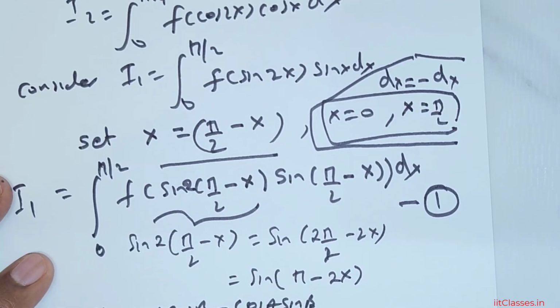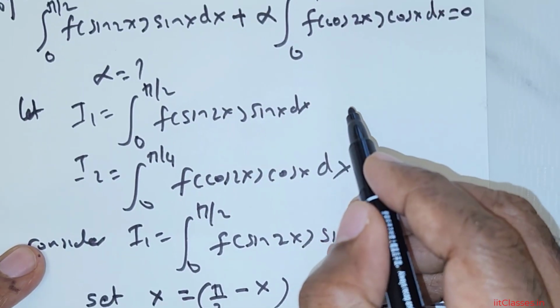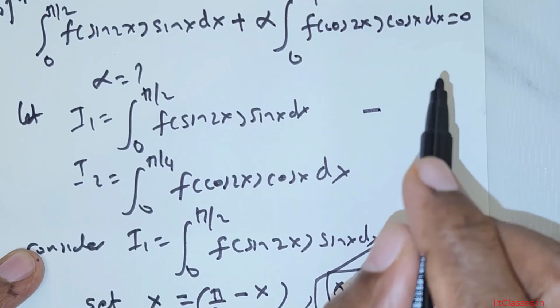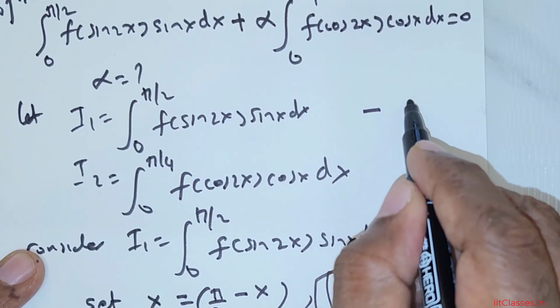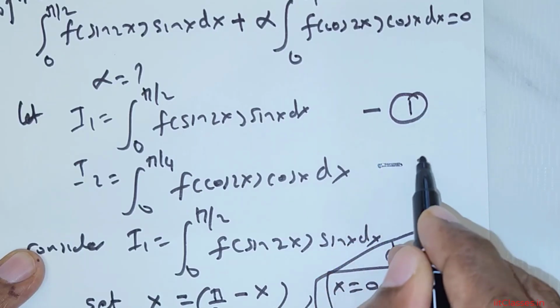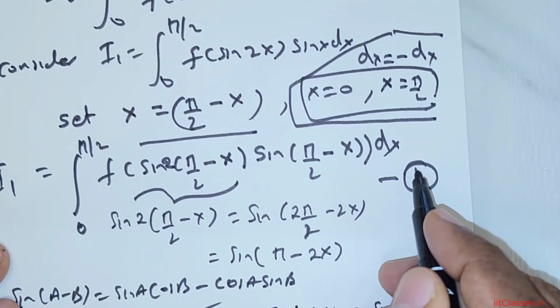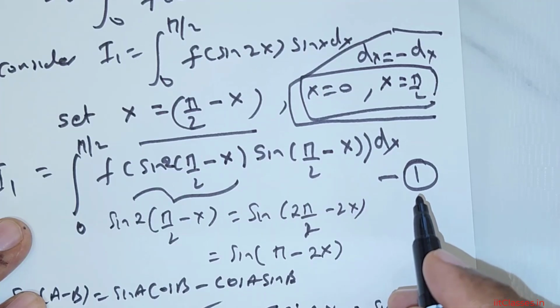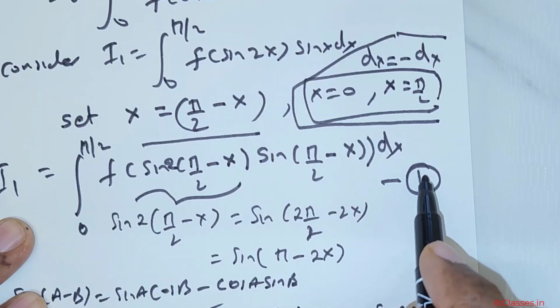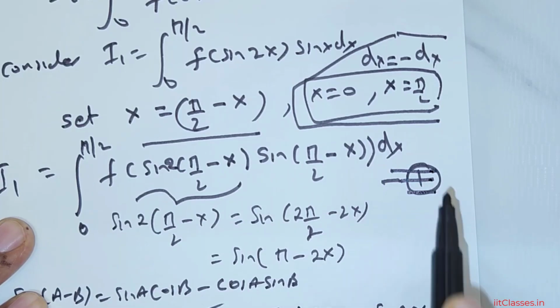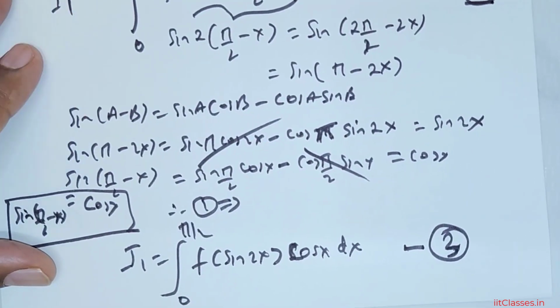I'll take this as 1, this one as 2, and in fact we don't need a number for this. So this one is going to be my 3.